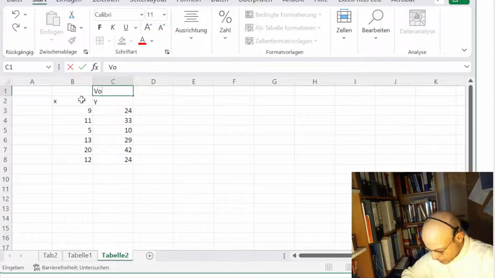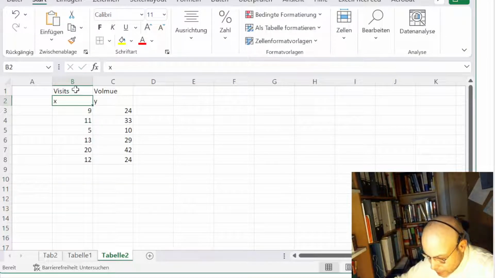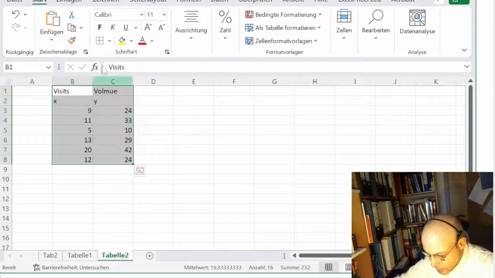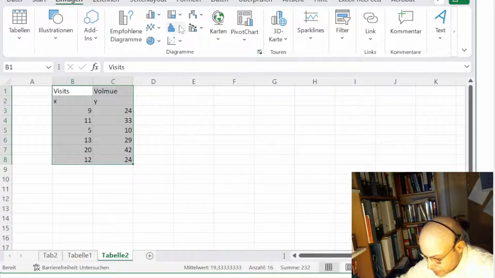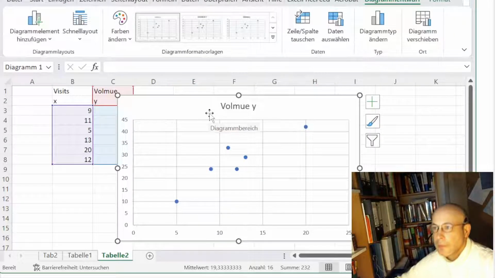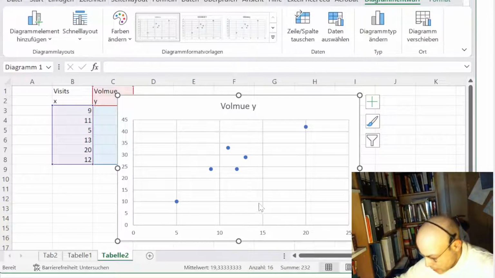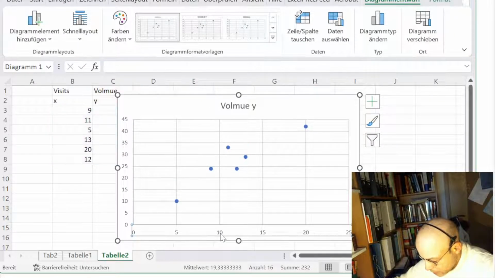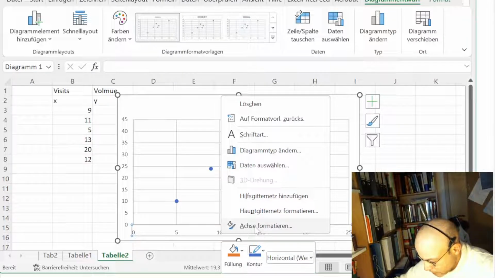So volume and visits. And let's increase our horizontal axis to 30.